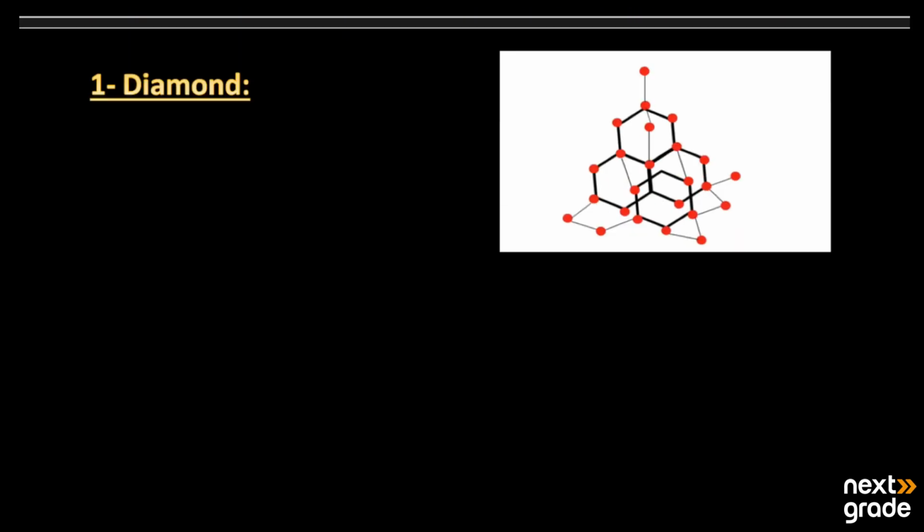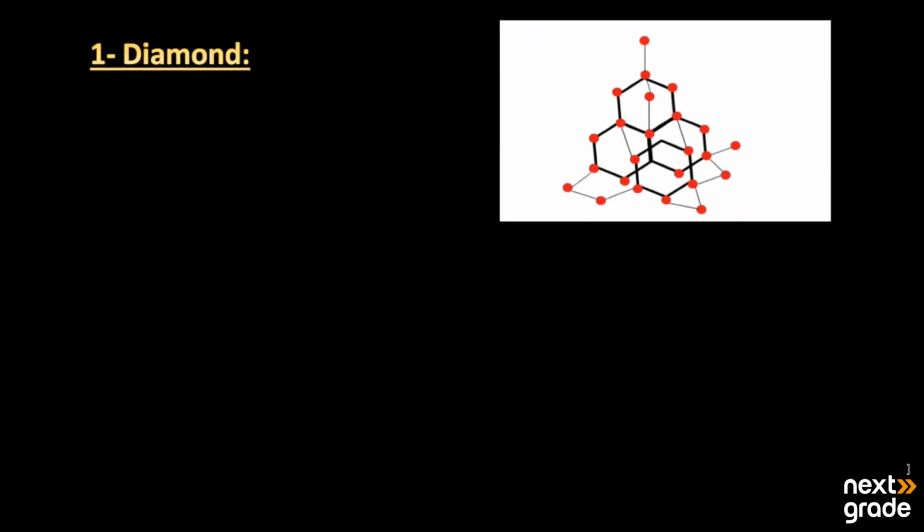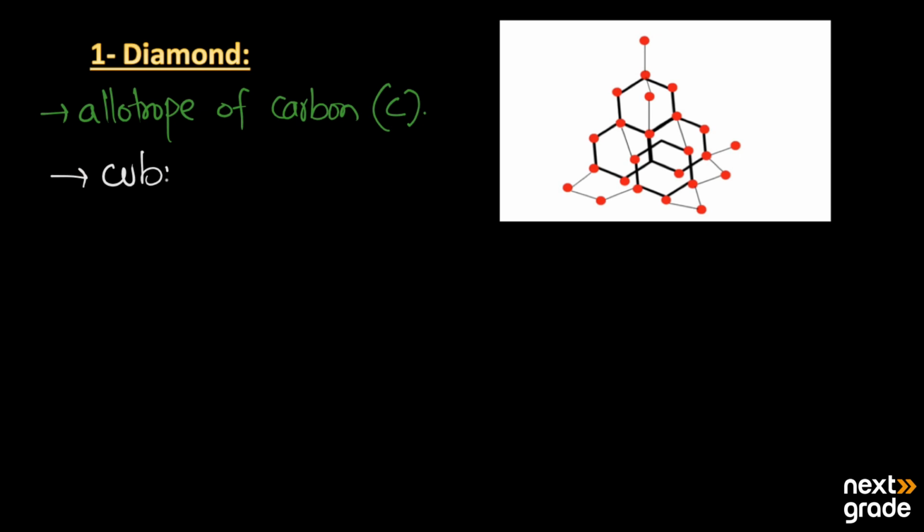So let's start with the first allotropic form, which is diamond. Diamond is basically the crystalline allotropic form of the carbon element. The symbol of carbon is capital C. And the carbon exists in the cubic form, and each carbon is tetrahedrally bonded.